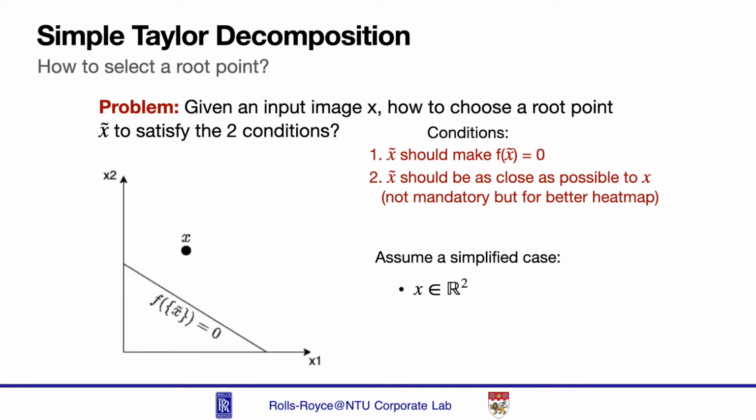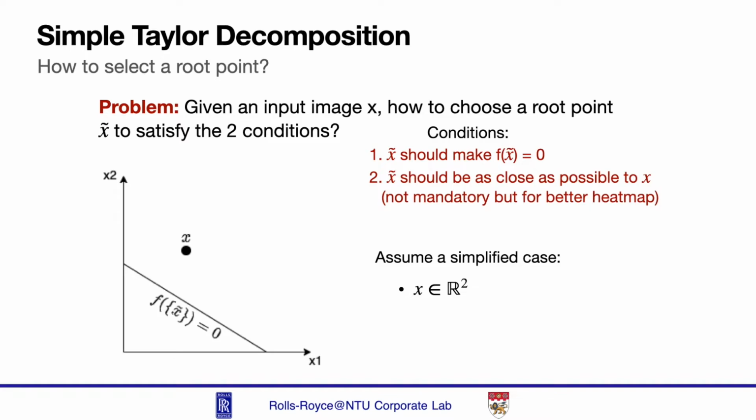Now the problem is, given an input image x, how do we choose a root point to satisfy these two conditions? Again, the first condition is this x tilde should make f of x tilde equal to 0, and second, this x tilde should be as close as possible to x. So we make a simplified assumption that this input space, this image space, is only two-dimensional.